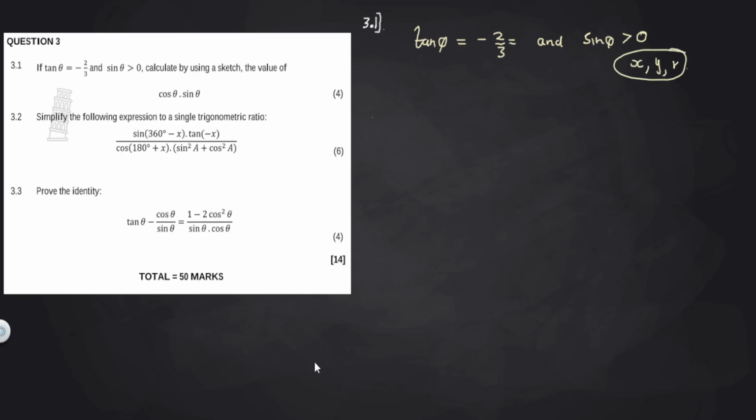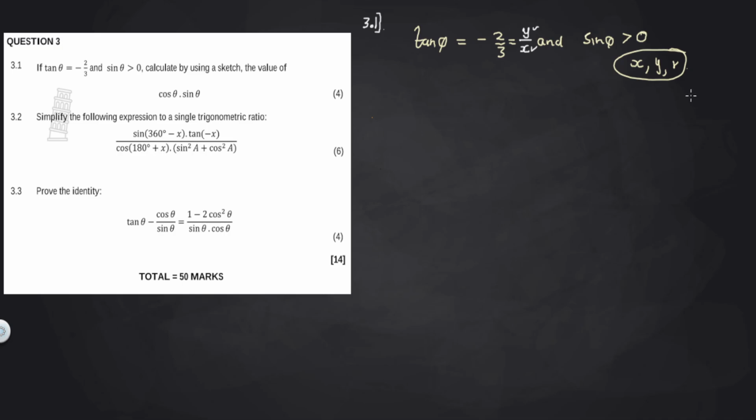Under the Cartesian plane, we know that tan theta is calculated by taking the opposite side and dividing it by the adjacent side, which is y over x. So this is me preparing a sketch.